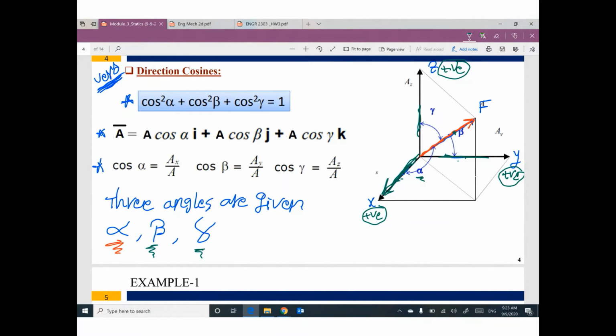If you are looking for the component in x-axis, it will be a cosine alpha. Y component will be a cosine beta. Z component will be a cosine gamma.